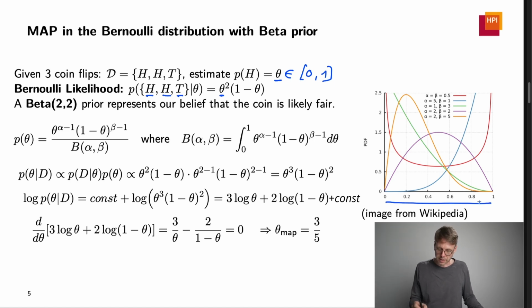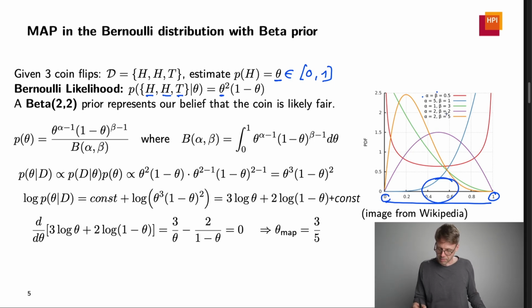And it has 2 parameters, parameter alpha and beta. If they're both identical and equal to a value that is smaller than 1, then we see it's very peaked close to the extremes, to 1 or to 0. And we put less density to values that are sort of in the middle.